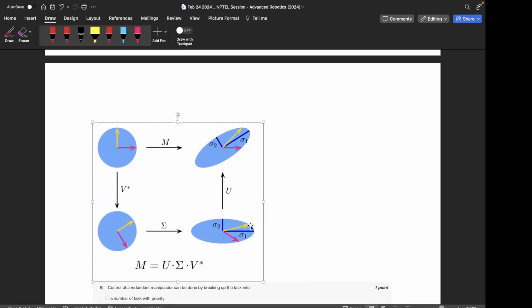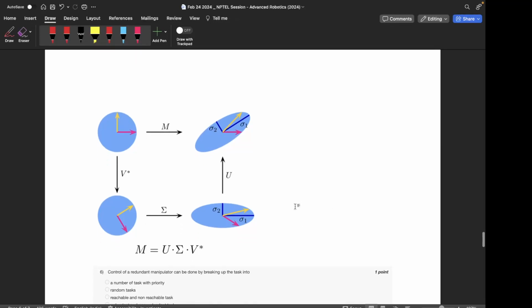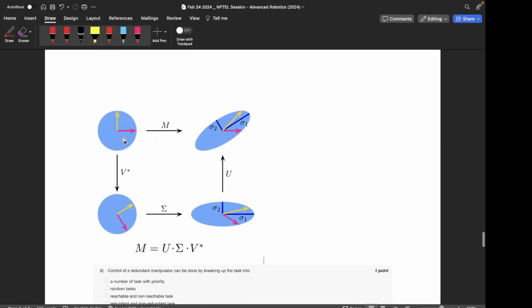So is this image clearly visible? Okay. So what this image is depicting is that there is a matrix M, and M can be a non-square matrix also. There is no restriction on the shape of M. It can be square or non-square, and non-square can be of two types.